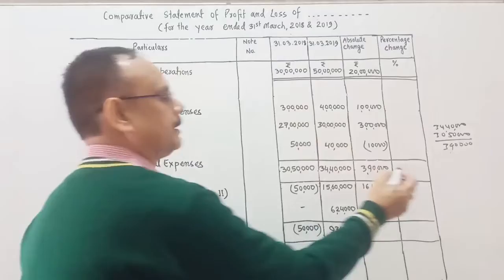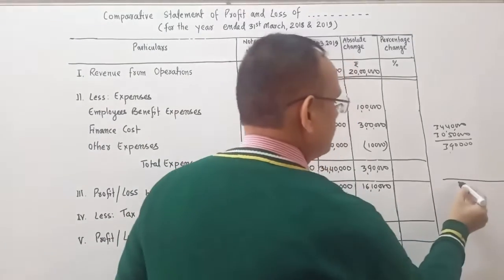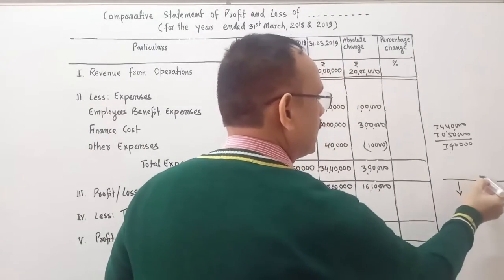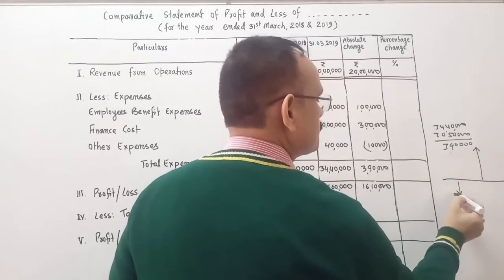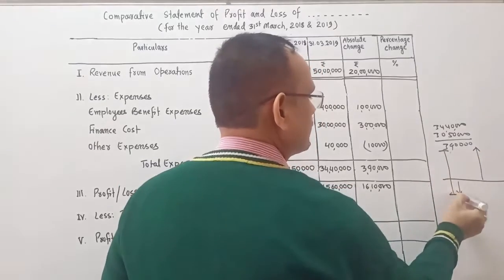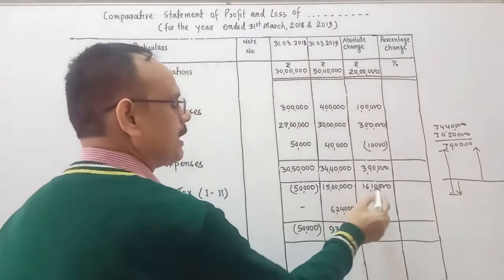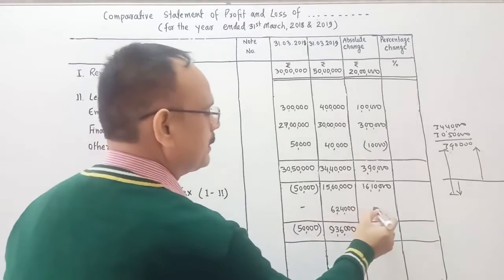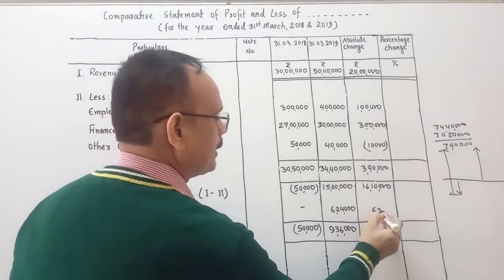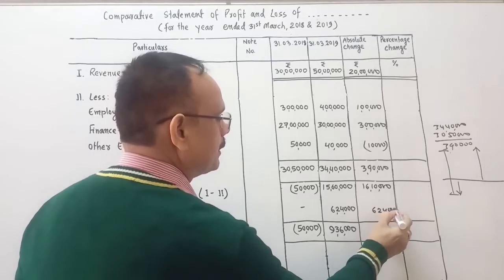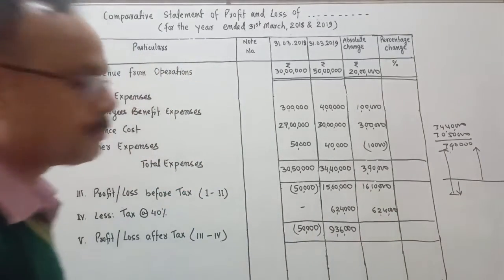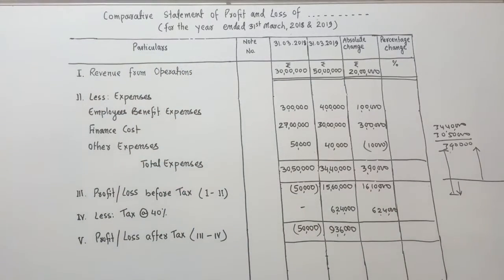The previous year was a loss and here there is a profit, so you add the difference. Here it is 6,24,000, increased. In the previous year there was no figure.